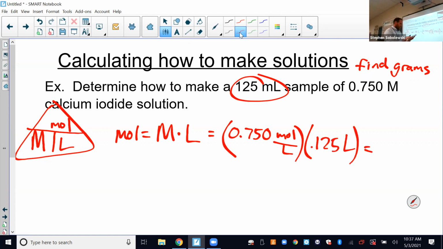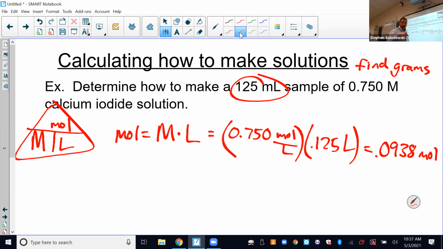All right, 0.750 times 0.125 gives me 0.09375 or 0.0938 moles. All right, so that's how many moles of calcium iodide we would actually need.